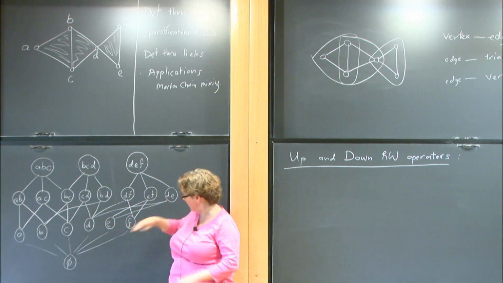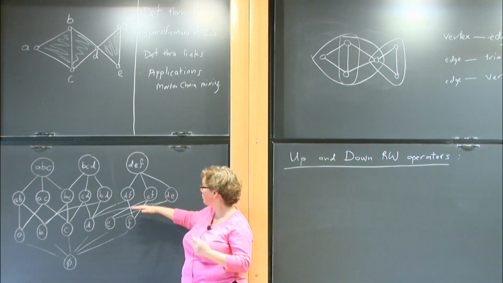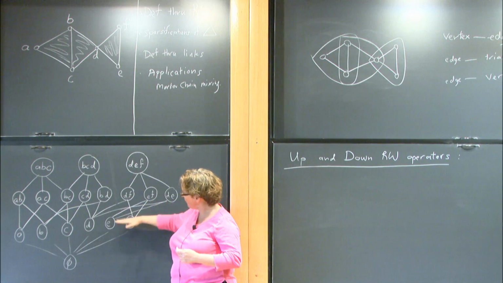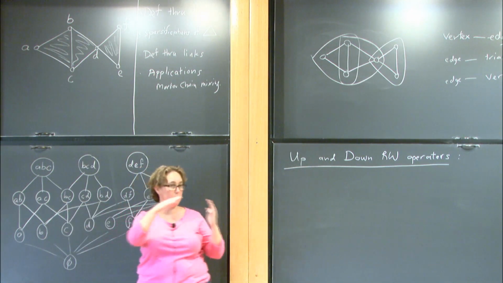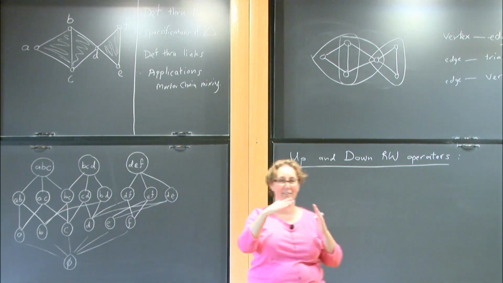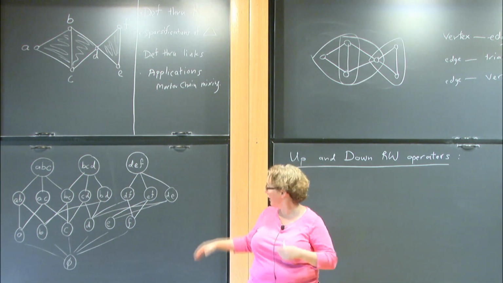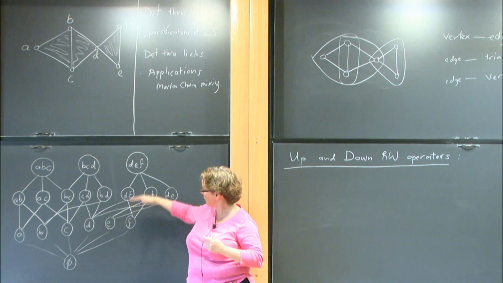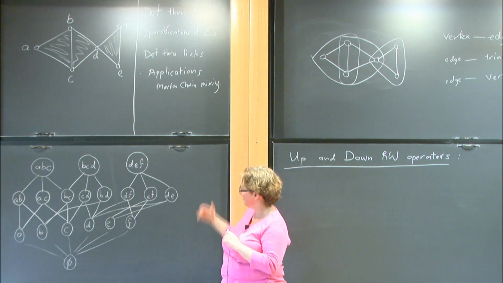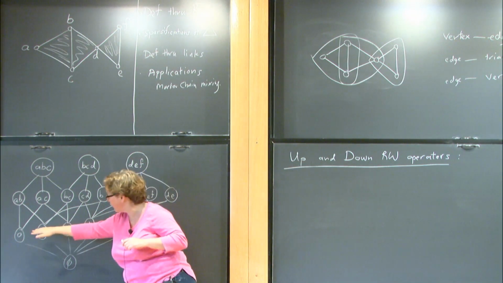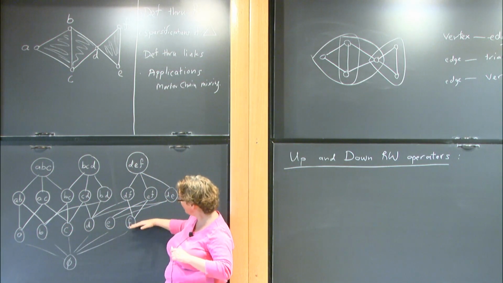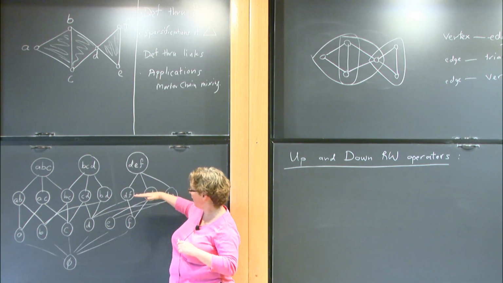I can view it as a linear operator that describes this bipartite graph. For every bipartite graph, I have a rectangular matrix that describes the adjacency, and it's a linear operator, so I go from here to here. That's the up operator. It takes any function on the vertices and moves it to a function on the edges.